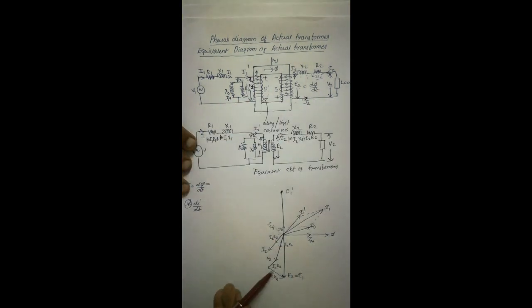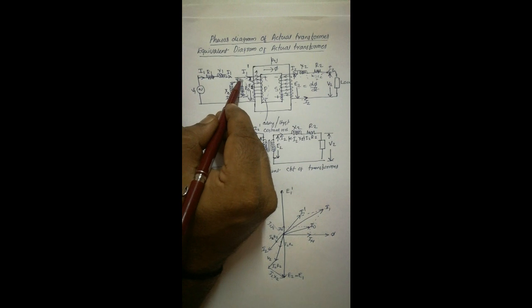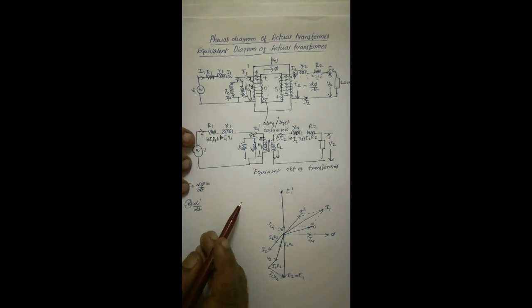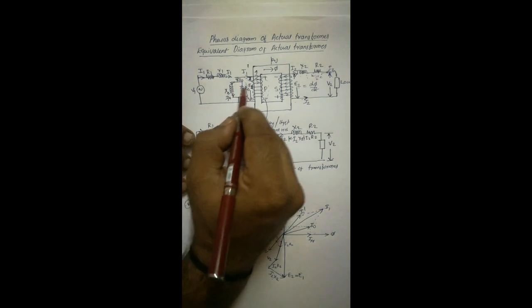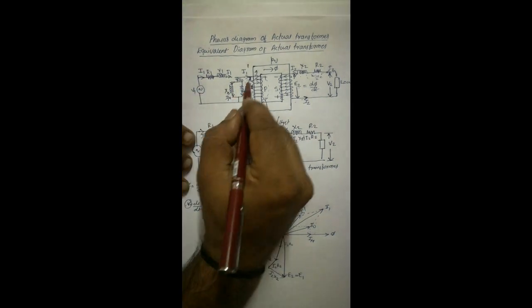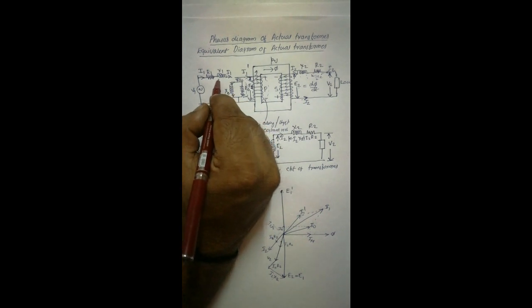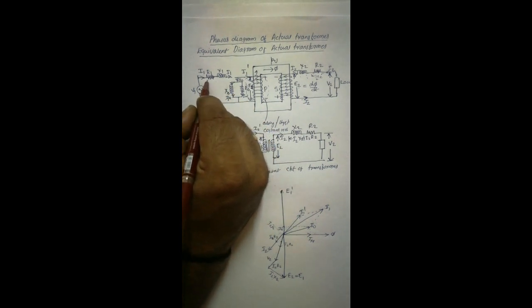Now come again back to flux phi. We get phi, then we get I1 dash, then summing I1 dash and I0, we get I1. That is because it is a parallel arrangement, and that is also E1 dash. I want to use this E1 dash. Now V1 is equal to E1 plus I1 into X1 plus I1 into R1.